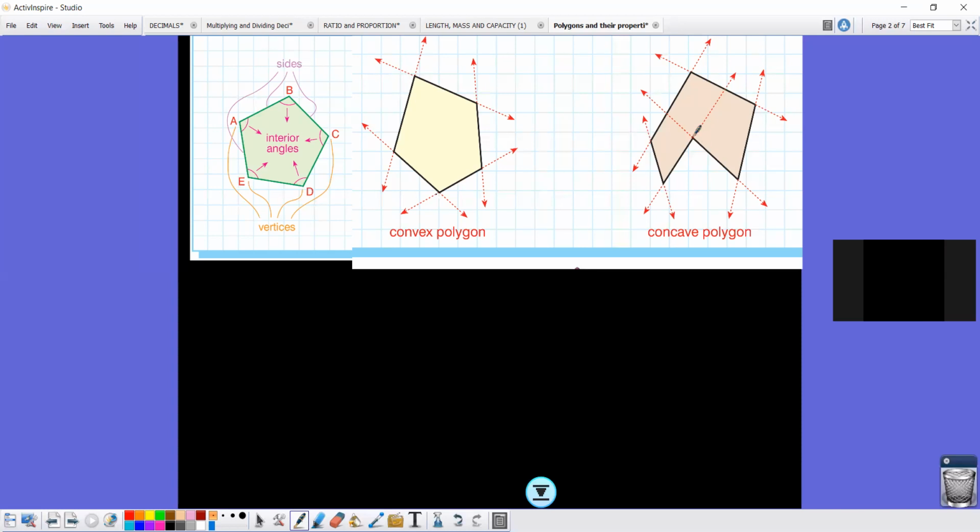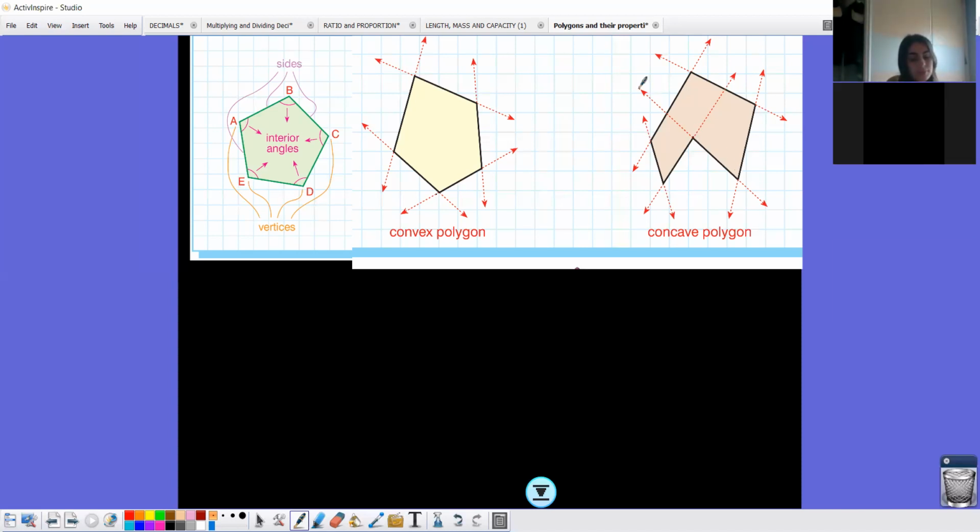But here, can you see that this one, it goes to inner part. Because of that, this one is called concave polygon. This one is called convex polygon. Okay. Interior, because one of the vertices goes like inside of the polygon.